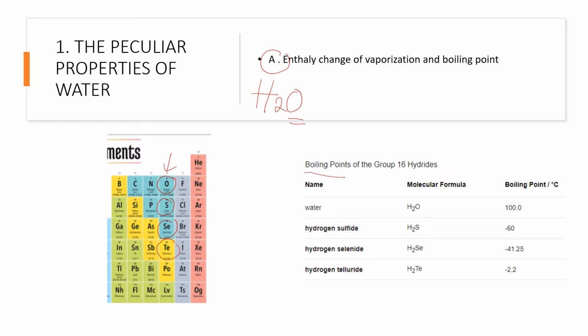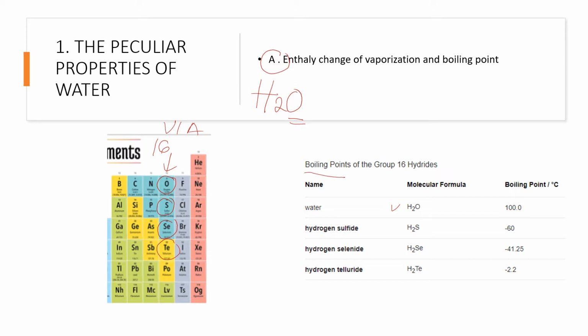Here we want to compare the boiling points of 4 compounds of group 6A or 16: oxygen, sulfur, selenium, and tellurium. The hydrides are H2O, H2S, H2Se, H2Te.